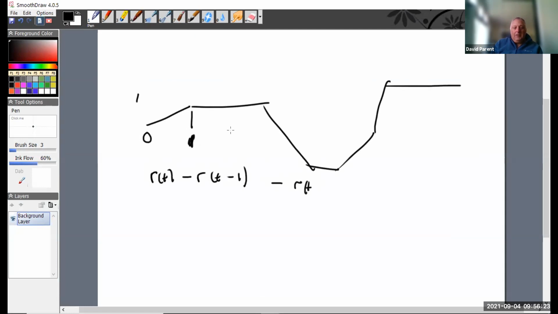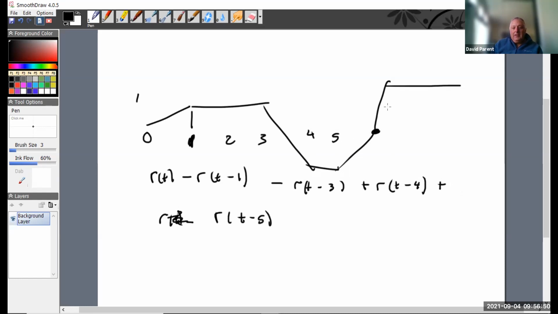That's 1, 2, I'll call that 3, r(t-3). Then the slope flattens out at 4, plus r(t-4). Then at 5 it's going up, r(t-5).